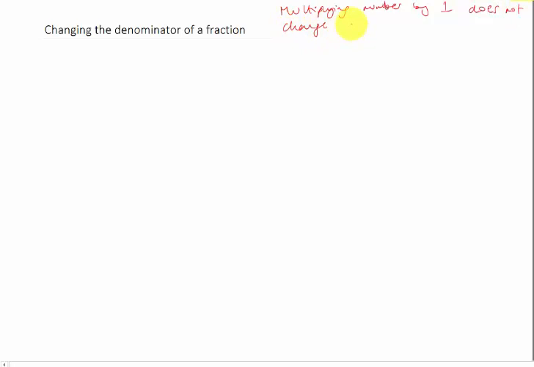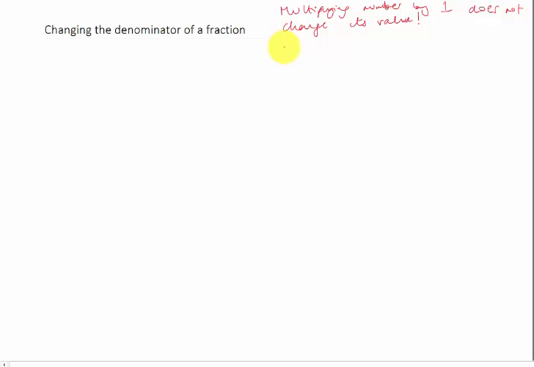It's going to happen quite often that you're going to want to change the denominator of a fraction that you're working with. And there's an important principle to remember when you're doing this, which is that if you multiply a number by 1, that does not change its value. So that's a general principle of arithmetic, and it's going to be useful to us here.